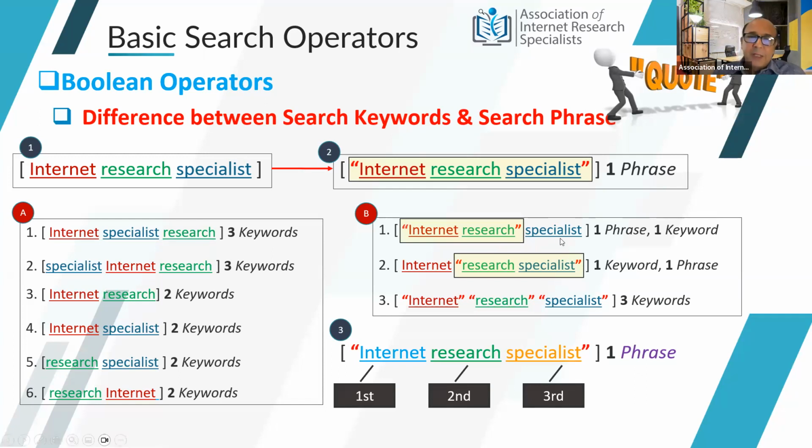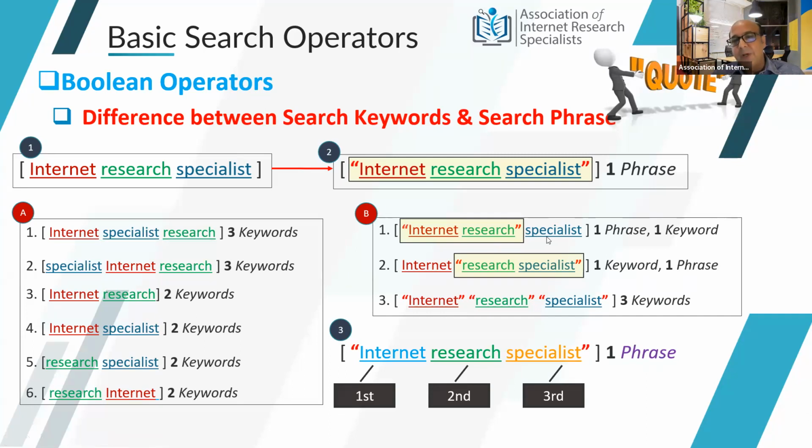Whereas the word specialist, I may not want or force the search to bring back only because I'm not sure if the word specialist in combination with the word internet research might be found, or I'm not sure if the word specialist is the right one, or it can be replaced by a few other words.